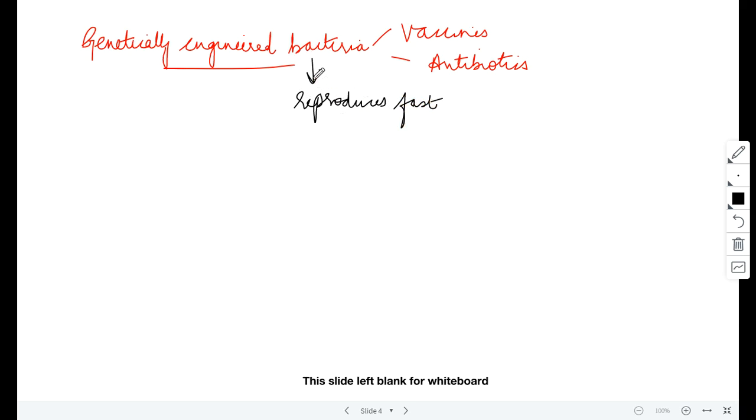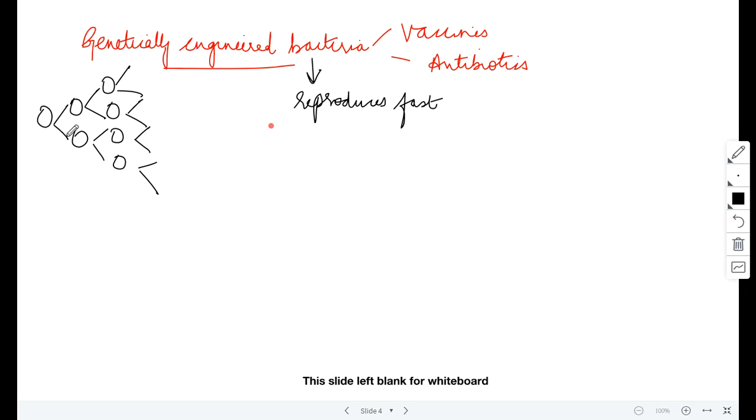The quantity of that chemical will also keep on multiplying as the bacteria keep on reproducing. From one bacteria cell, it is going to make two bacteria cells. From two, they are going to make four, and then again this will form eight. All bacteria have the property that they reproduce very fast.